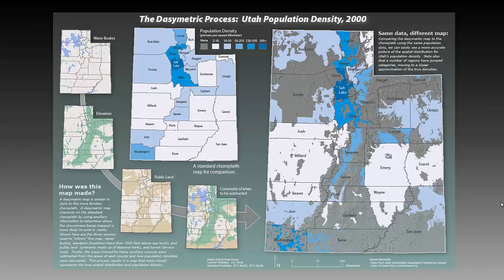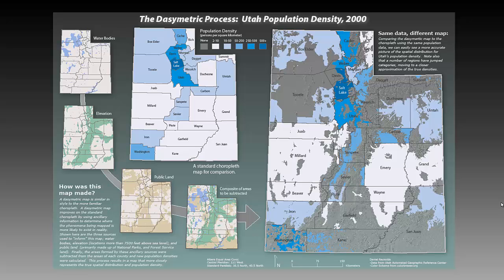Here's an example of a choropleth map using a dasymetric process showing Utah population density in the year 2000. What's unique about this map is that the author has taken a number of different types of data.